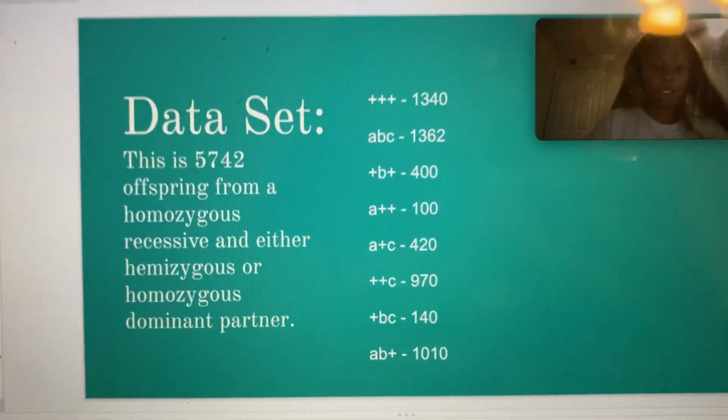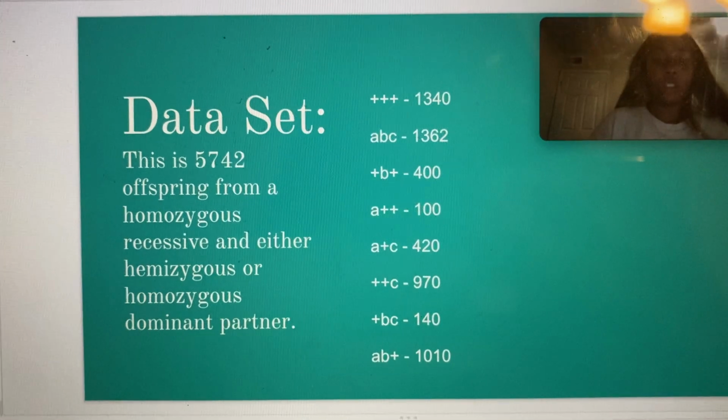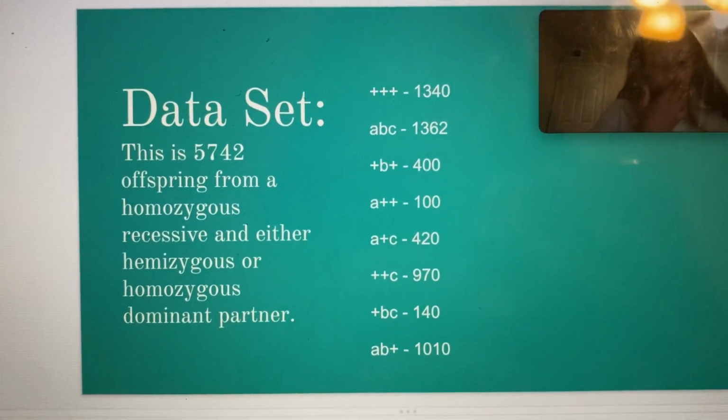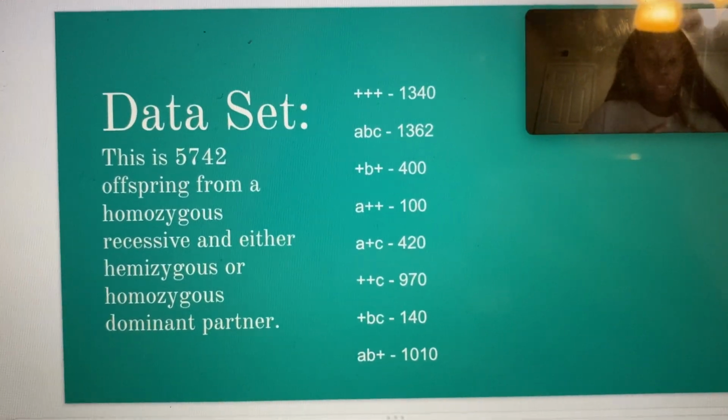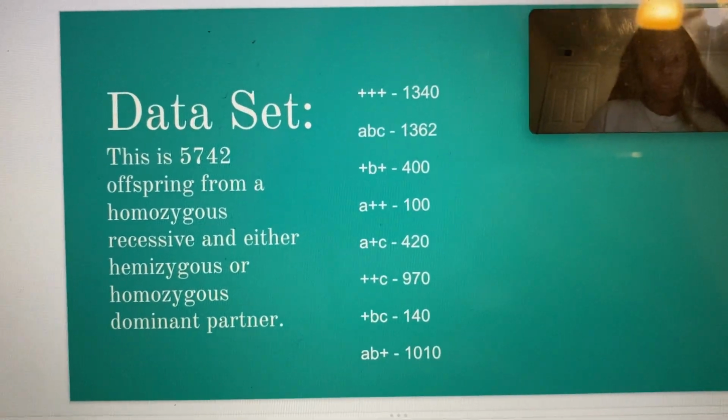In this data set, there are 5,742 offspring from a homozygous recessive and either hemizygous or homozygous dominant partner.